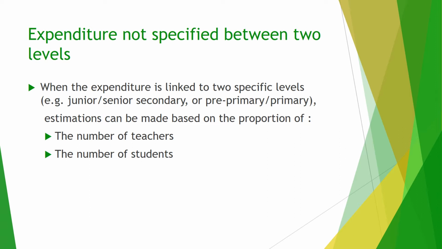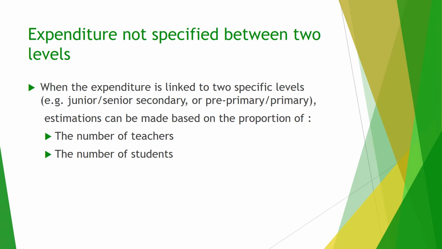It may also happen that some expenditure is not easily specified between two levels. So you may have some expenditures that you cannot split between, for instance, pre-primary and primary, or between junior and senior secondary. This is probably the case for some of the countries that I mentioned before, and why I showed only the expenditures for secondary, because the split between junior and senior secondary was not available.